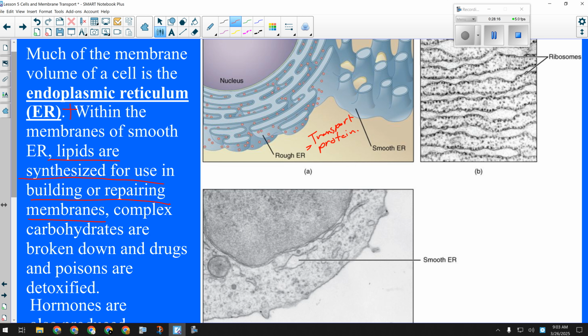You consume all these complex carbohydrates, which are basically just chains of sugars. The smooth ER helps to break those into smaller sugars so that your lysosomes and other organelles can then use them for fuel. So it does break down complex carbohydrates. It generally tries to turn them into things that are more useful.